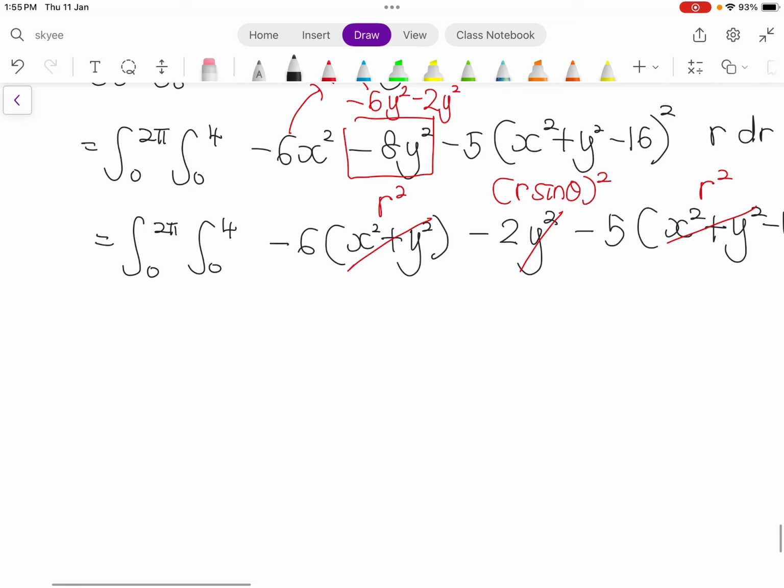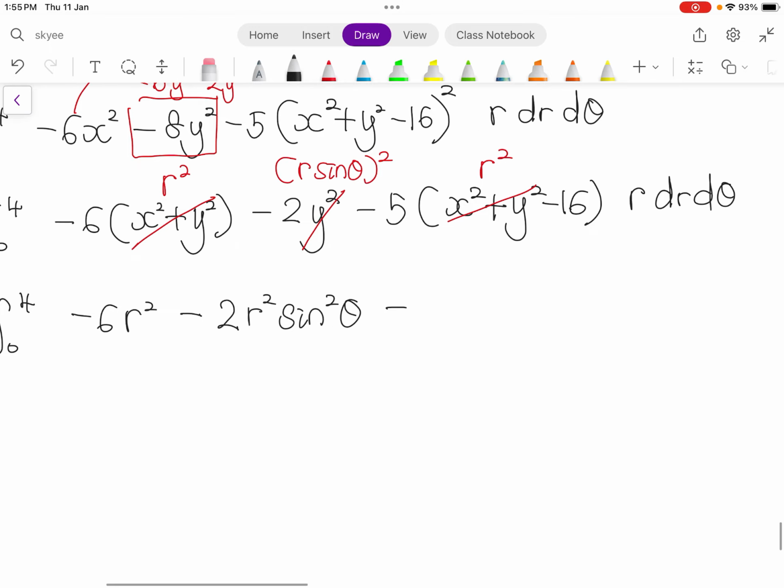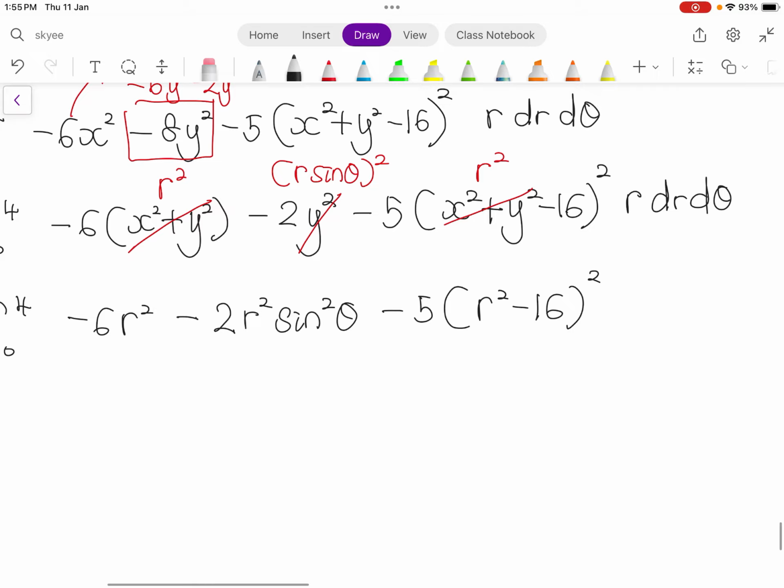We have negative 6r squared, minus 2r squared, minus 5 times r squared minus 16 squared, times r dr d theta.